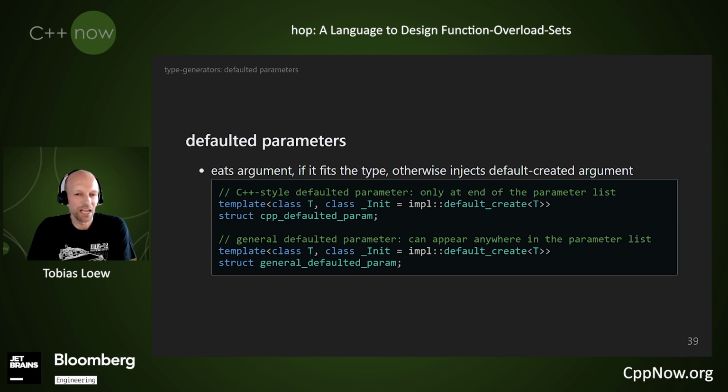And this behaves a bit different from the C++ defaulted parameters. It tries to match the argument. If it can match, the general defaulted parameter eats the parameter. Otherwise, it skips it and returns the default created one.